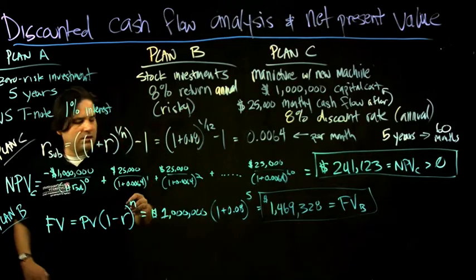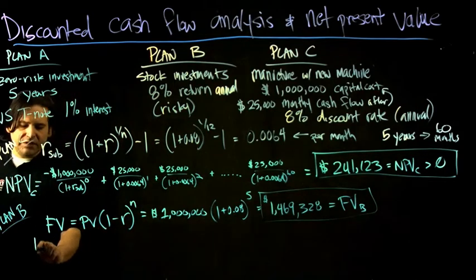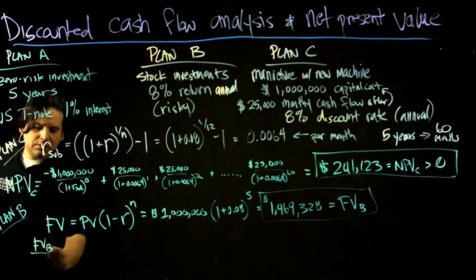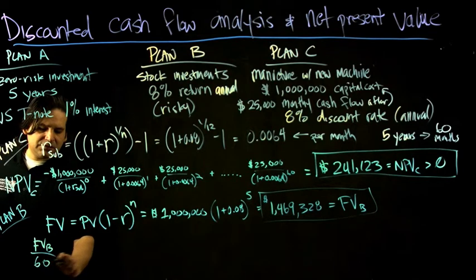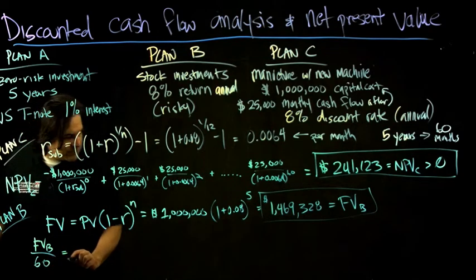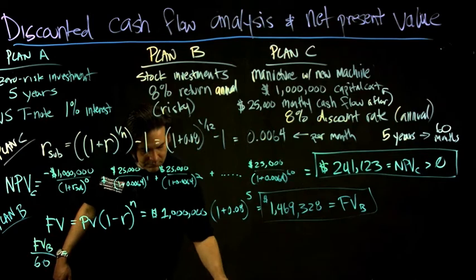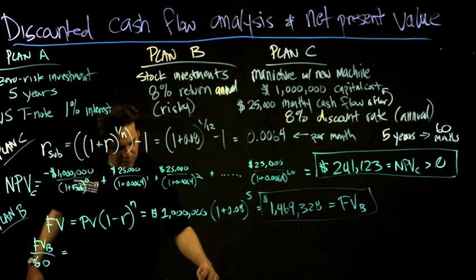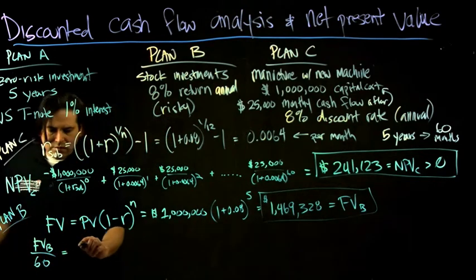So the future value of B divided by 60 months equals $24.